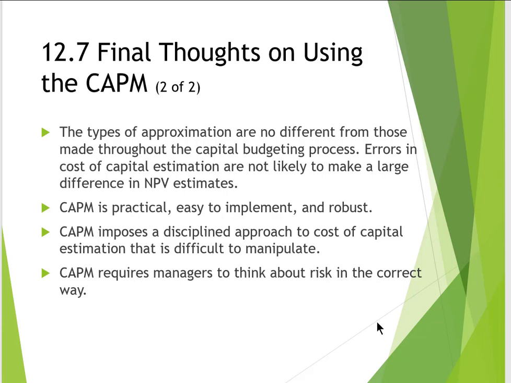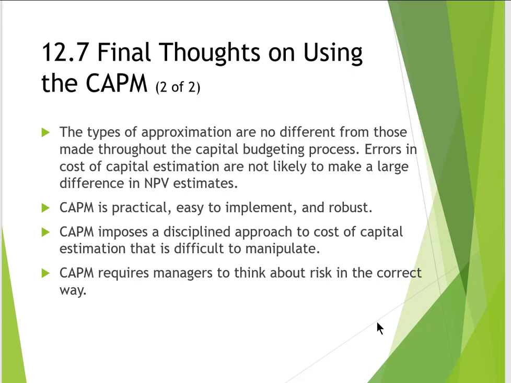But the capital asset pricing model is very easy to implement. It's pretty robust, right? It imposes a disciplined approach, and it requires managers to think about risk in the right way. Risk affects the costs of financing, and it affects, obviously, the returns that investors want and desire.